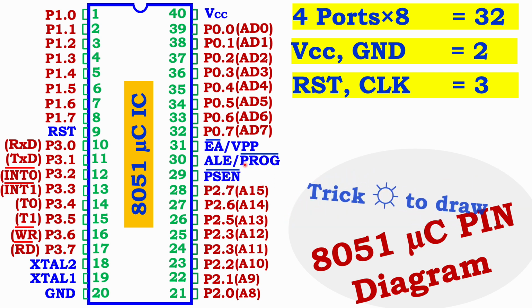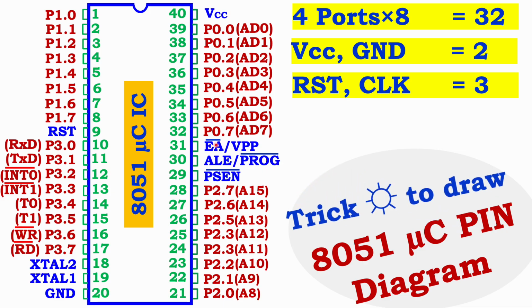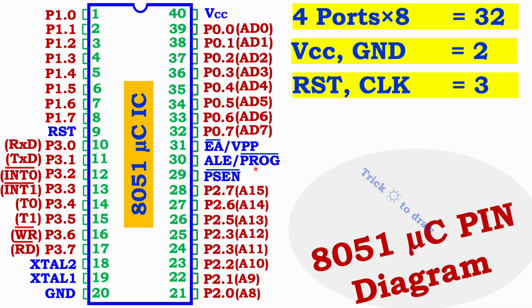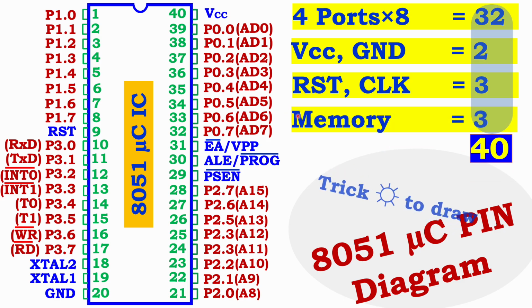One is to enable the EPROM, one enables the address lines which are going to be used in the program, and one is for the external memory, EA. So all these 3 pins are only memory concern pins.